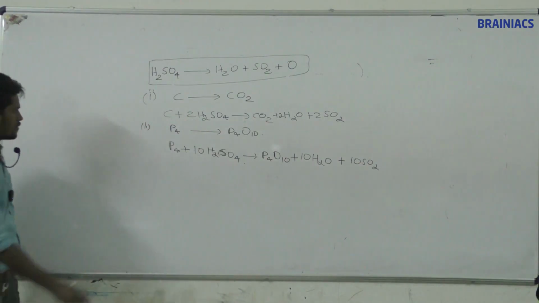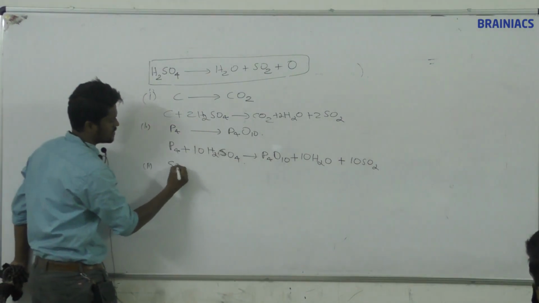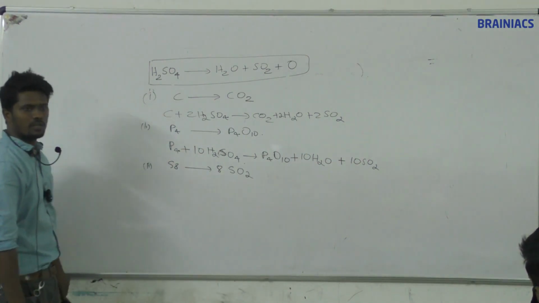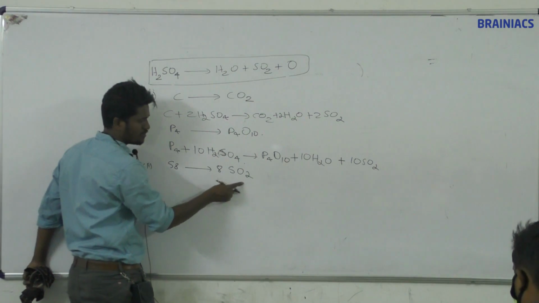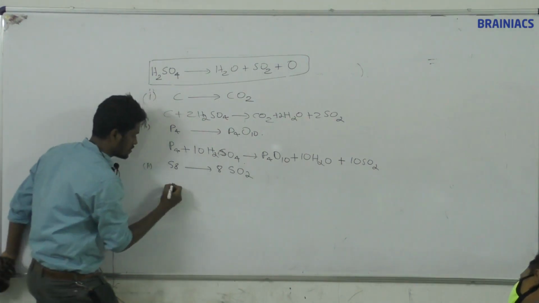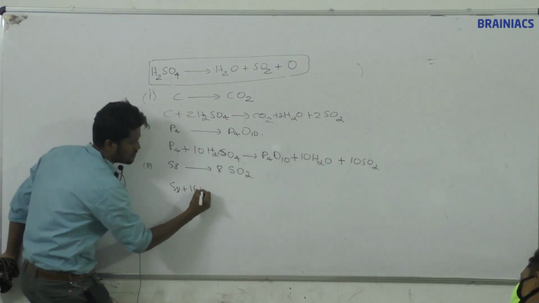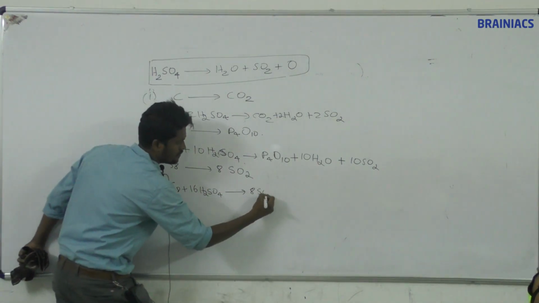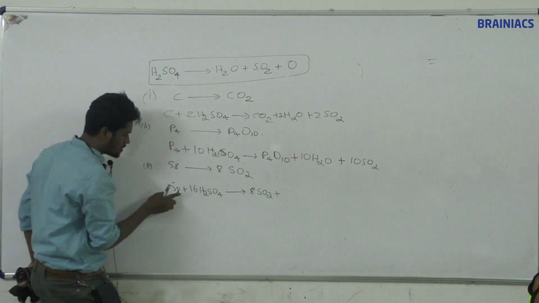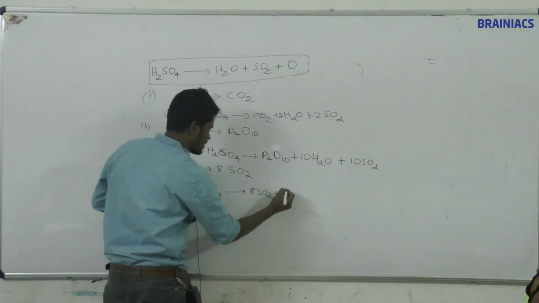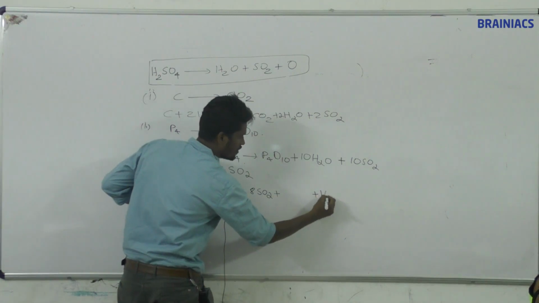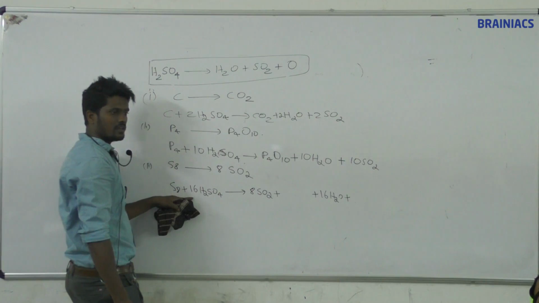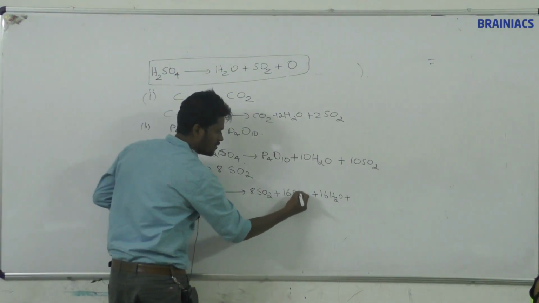And in the same way it can oxidize S8 into what? SO2. Here how many oxygen is remaining? 16. So S8 plus 16 H2SO4 gives 8 SO2 plus 16 H2O plus 16 SO2.